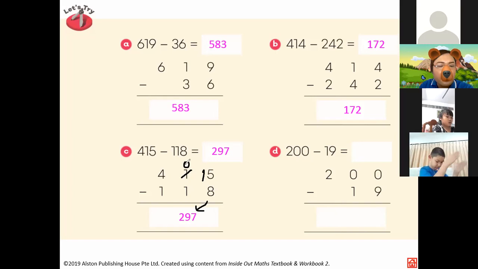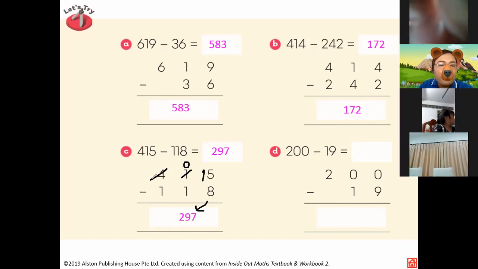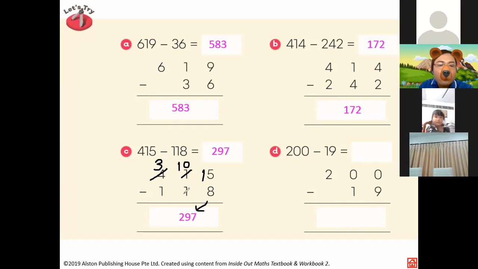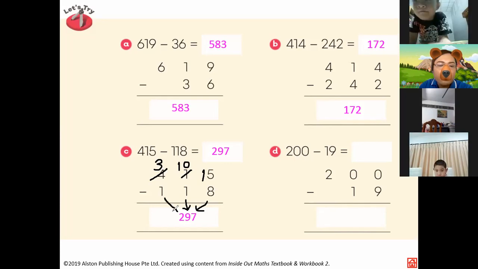What we're going to do is to borrow 1 from 4. So 4 will be canceled, and then this will become 3. And then 0 here will become 10. So 10 minus 1, that's going to be 9. And then 3 minus 1, that's 2. So the answer for letter C is 297.